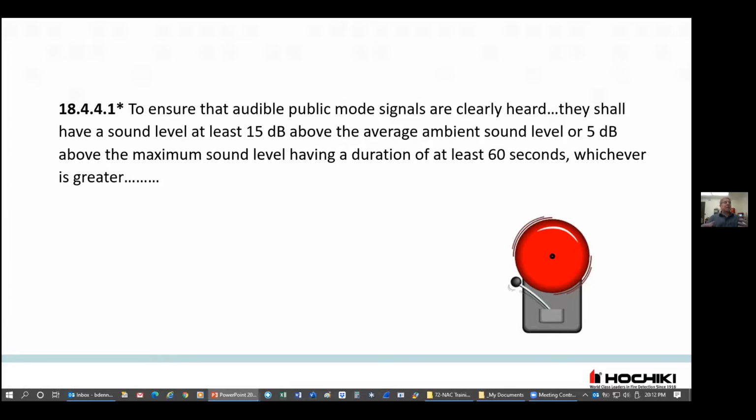And that makes sense. We need for the sound to be louder than what's going on in the room around us. If it's not, we don't know that people are going to hear it. Okay, so for public mode, 15 dB above ambient is typically what we're going to be trying to achieve.